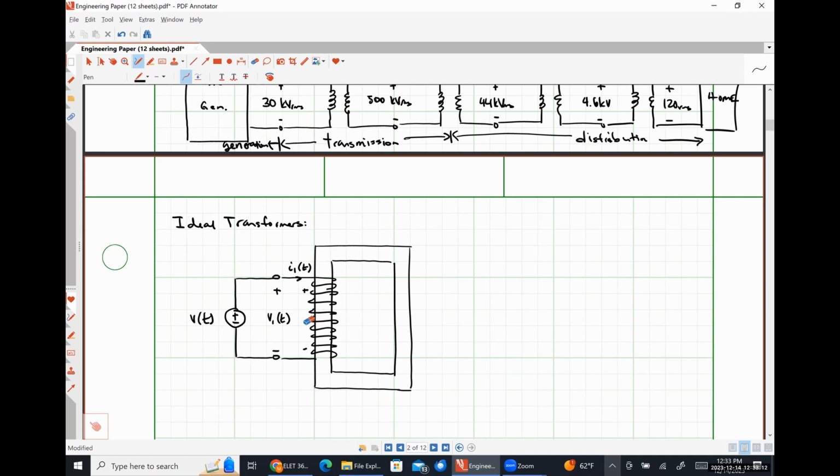And so I want to talk about the distinction here. Whenever I use the letter E, pretty much from here on out, that's me saying that we're dealing with an induced voltage. That's the voltage drop that's induced across the coil due to some amount of flux flowing through that coil.